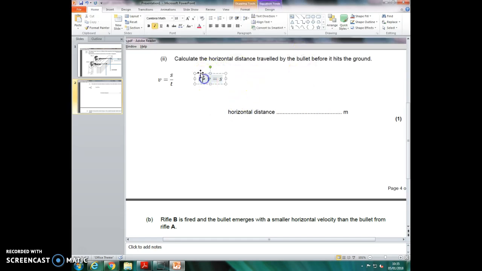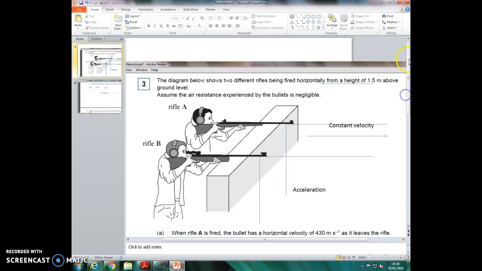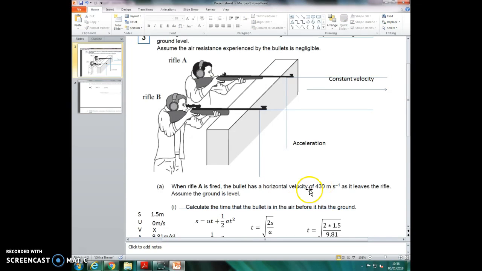Substitute the values in. If we go to the top here, we find that rifle A is fired at 430 meters per second as it leaves the rifle. So it's rifle A we're interested in.